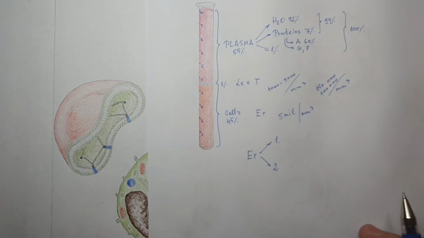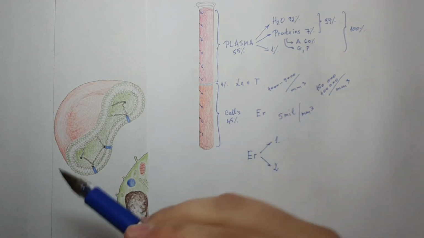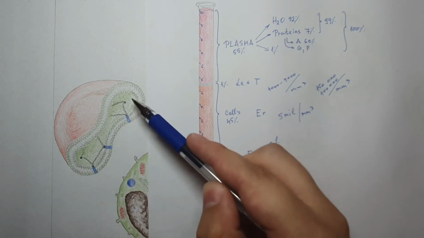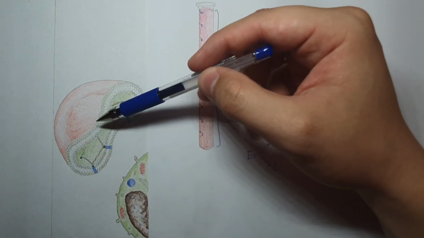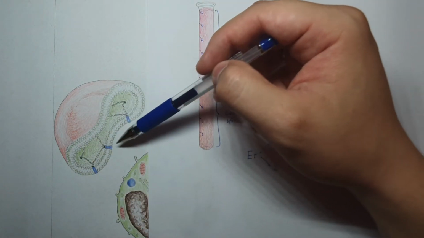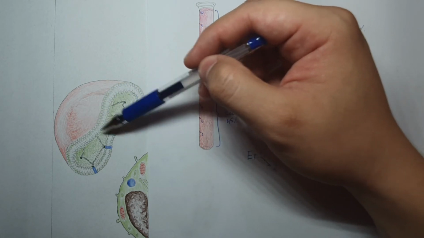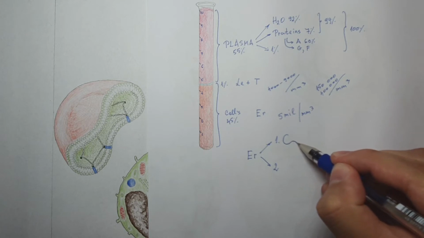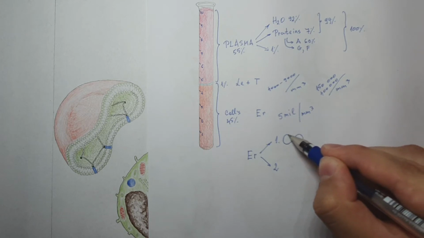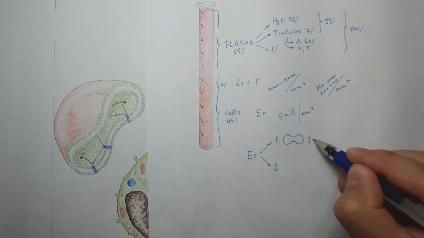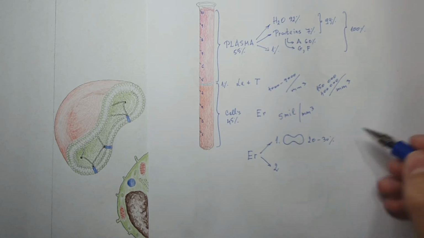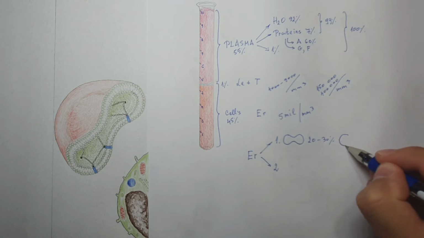So the shape of the erythrocyte, as we can see here, is biconcave. That means that in the central part, the erythrocytes are caved in. This is important because this shape allows the erythrocyte to have a 20 to 30% bigger surface area than if it was a spherocyte.